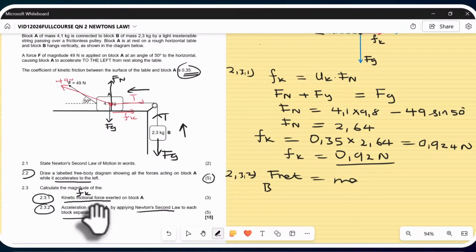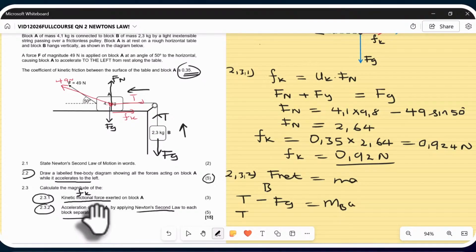So tension T minus 2,3 times 9,8 equals 2,3 multiplied by acceleration.